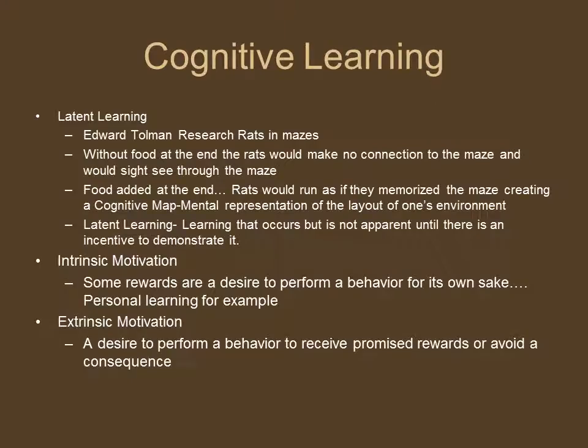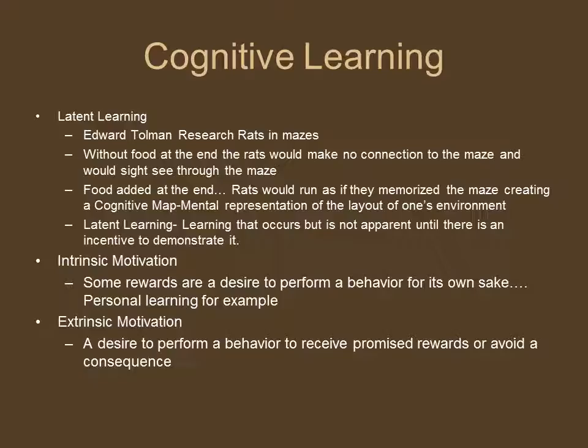Edward Tolman looked at learning in terms of rats. He put rats in a maze without food at the end. The rats would make no connection to the maze, and it was as if they were sightseeing, strolling through the maze, taking their time, not really exhibiting a fast behavior.